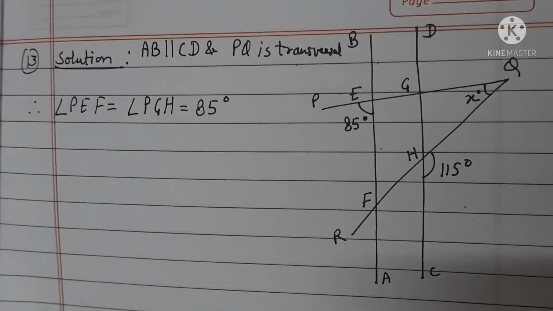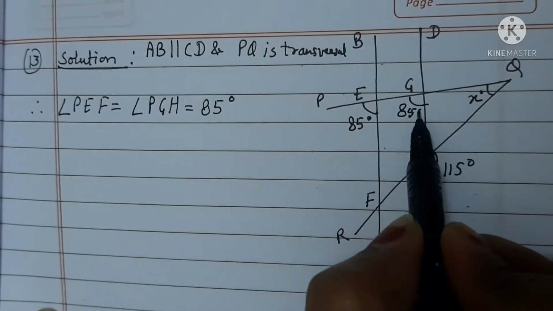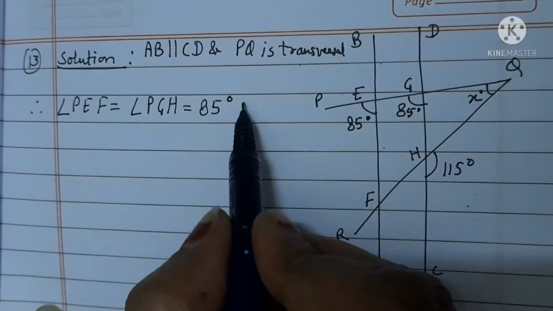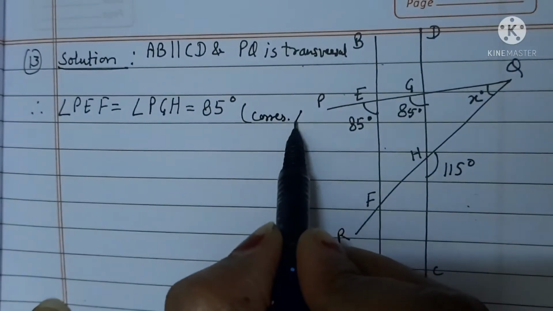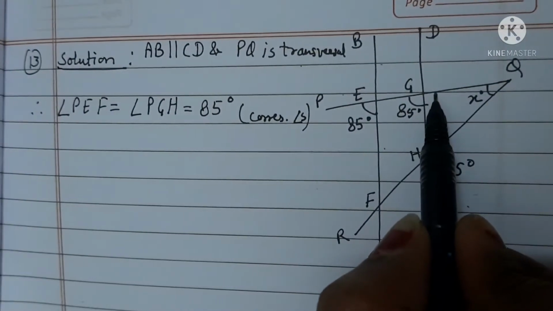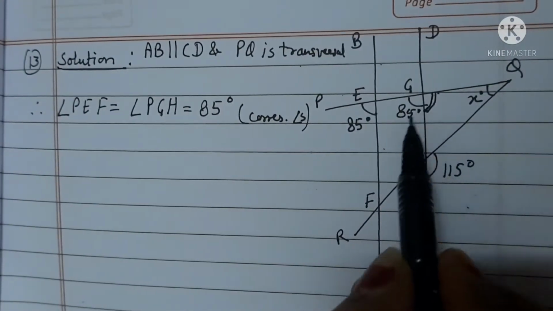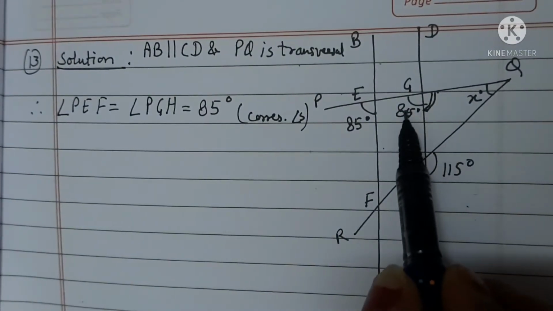in your notebook. Now this is 85 degrees, which you got from corresponding angles being equal. So this is the reason. Now this angle you will get by subtracting 85 from 180.